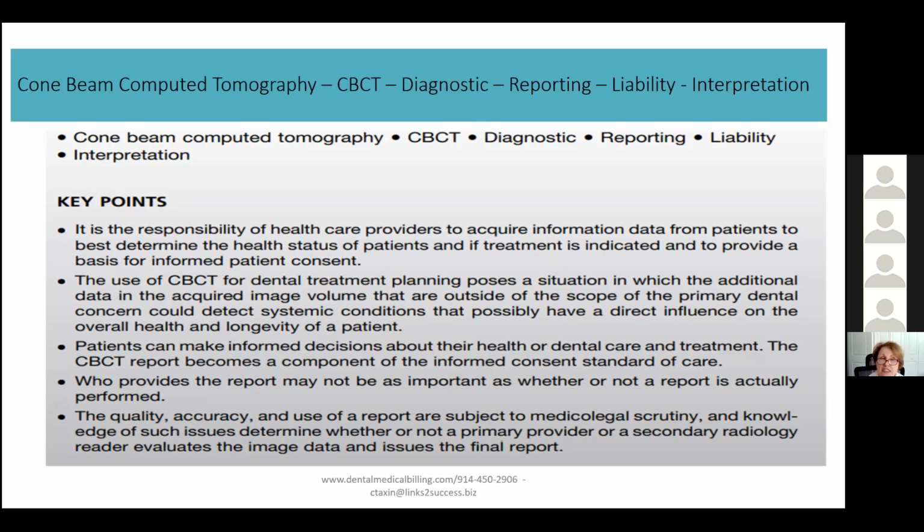The use of CBCT for dental treatment planning poses a situation in which the additional data in the acquired image that are outside of the scope of the primary dental concern could detect systemic conditions that possibly have direct influence on the overall health and longevity of the patient, as you saw when Dr. Brown talked about that sinus infection.